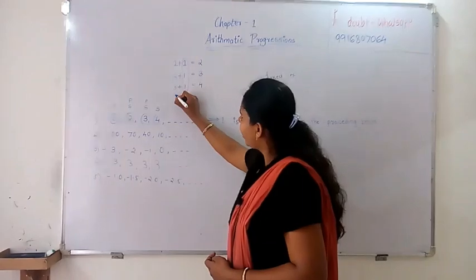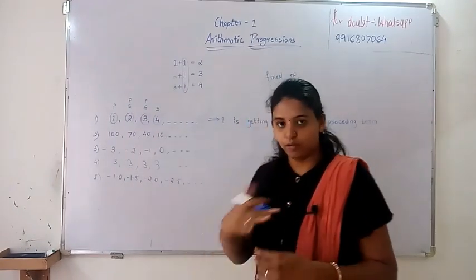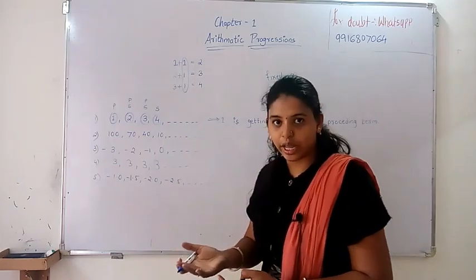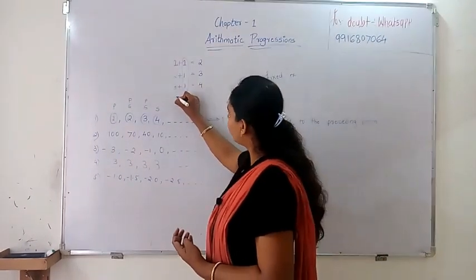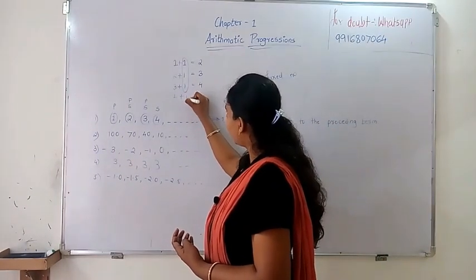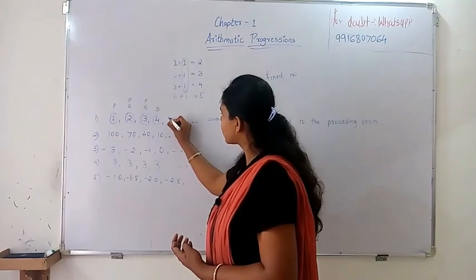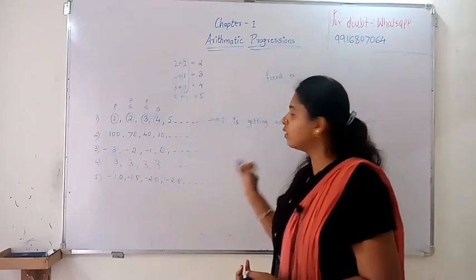Next, if we want to find the number after 4, we need the number before it, which is 4. So to 4 we add 1. 4 plus 1 is 5. So we'll get the next number. Like that this series goes on.